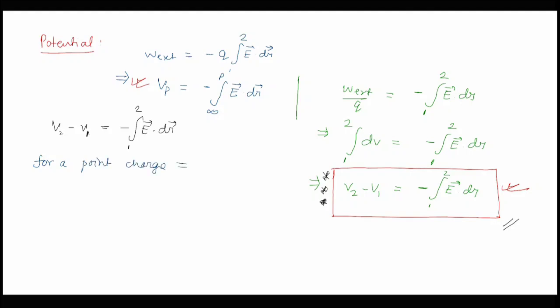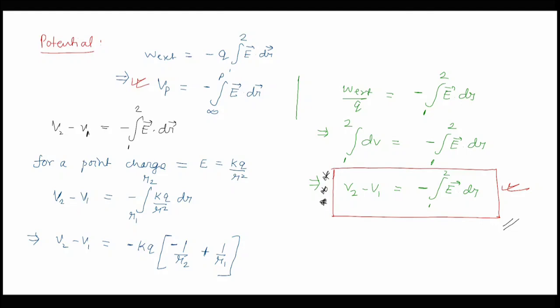The value of electric field is equal to kq by r square, and hence V2 minus V1 is equal to negative integral of kq by r square dr from position r1 to r2, and this equation will modify itself into minus of kq times integration of 1 by r square, which is minus 1 by r, and hence we will obtain minus 1 by r2 plus 1 by r1.